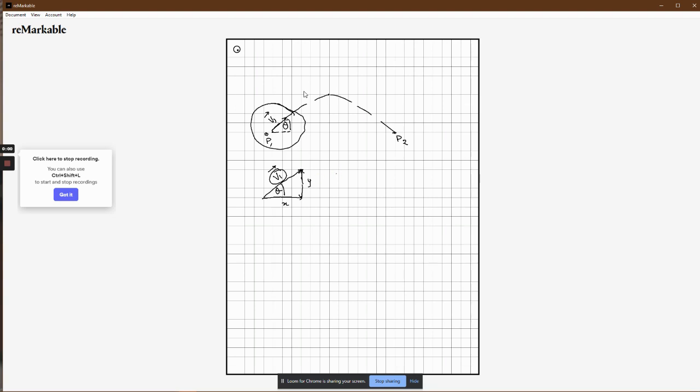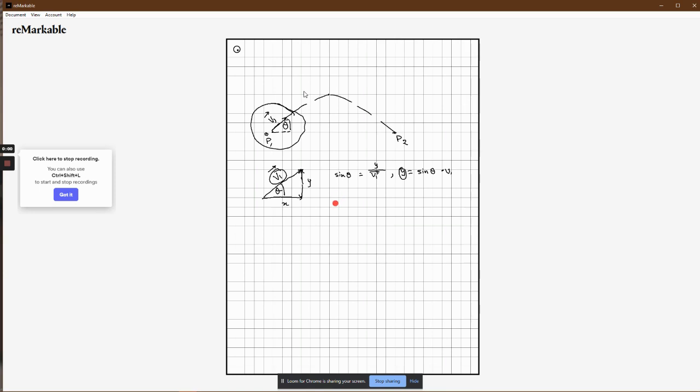We know that sine theta is equal to y, the opposite, over v1. You got to be a downy to not understand that. You can solve from there, where y is equal to sine theta multiplied by v1. So that's your y component.